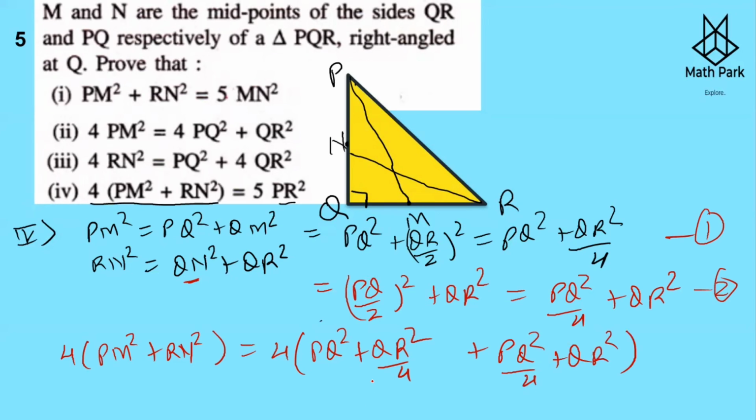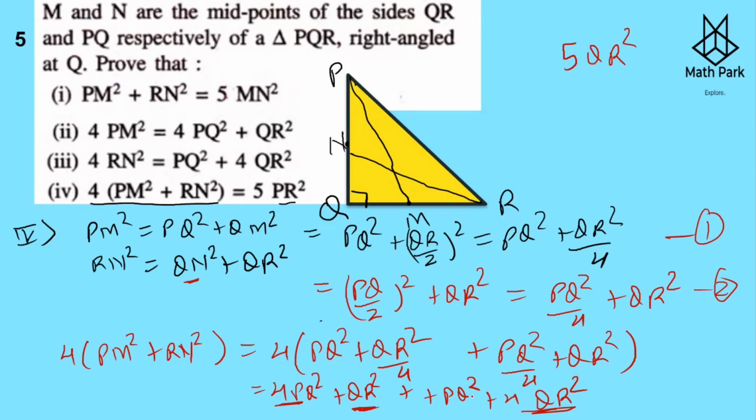Now let us simplify this. Multiplying by 4 throughout, we get 4 PQ square, 4 and 4 will get cancelled, plus QR square, plus this 4 and 4 will get cancelled, plus only PQ square and plus 4 QR square. So now QR square plus 4 QR square is going to be 5 QR square.